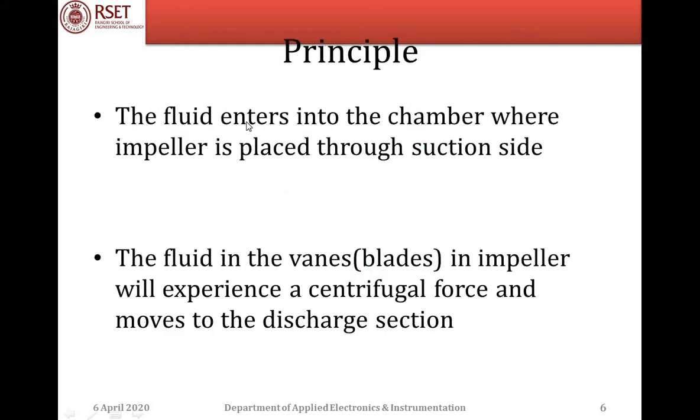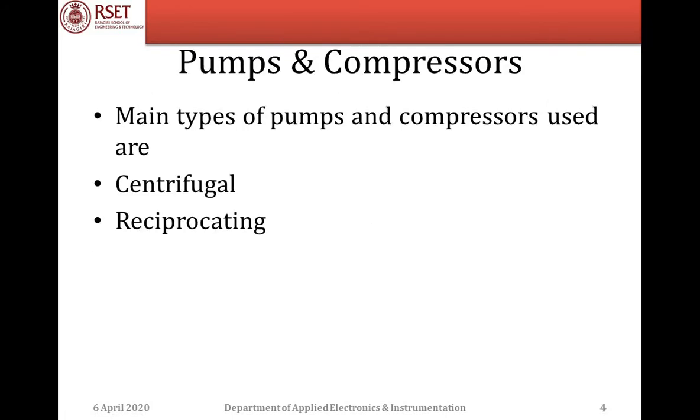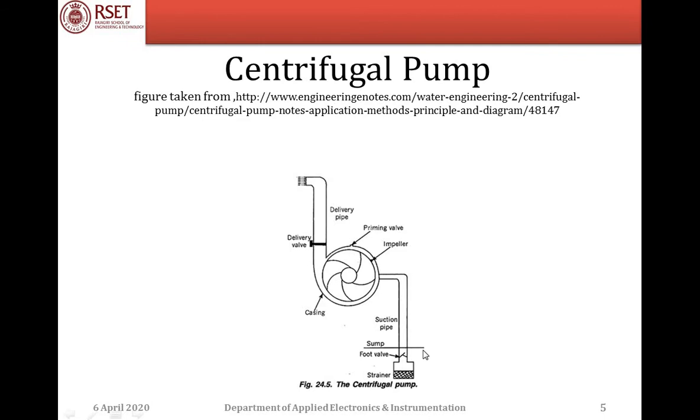The fluid enters the chamber where the impeller is placed through the suction side, and the fluid in the vanes or blades experiences a centrifugal force and will move towards the discharge section. This portion consists of the discharge section. You can see the discharge section here.